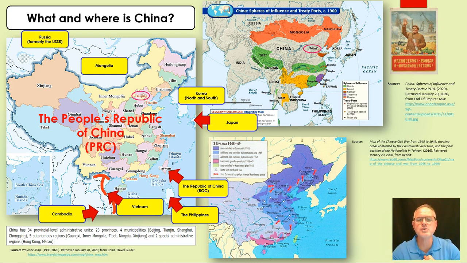After World War II, there's a civil war, very important to us. And we see the expansion of communists in that dark purple area down into other parts of China over those 4 years. You can see the expansion there. And we have the creation of modern China.